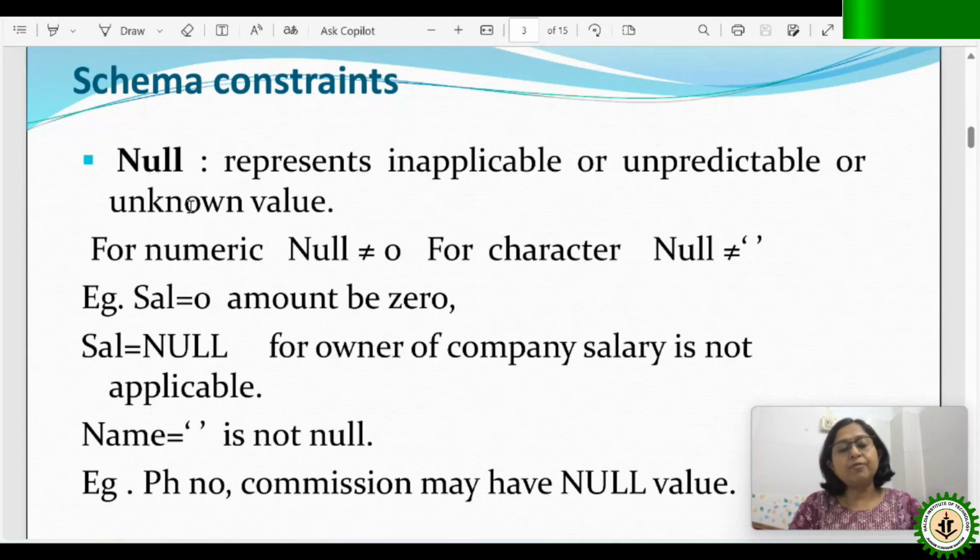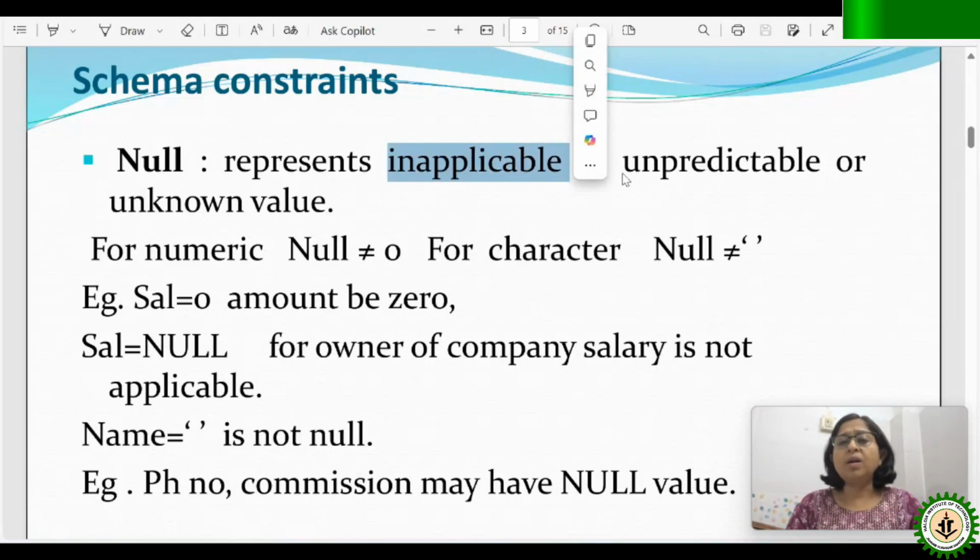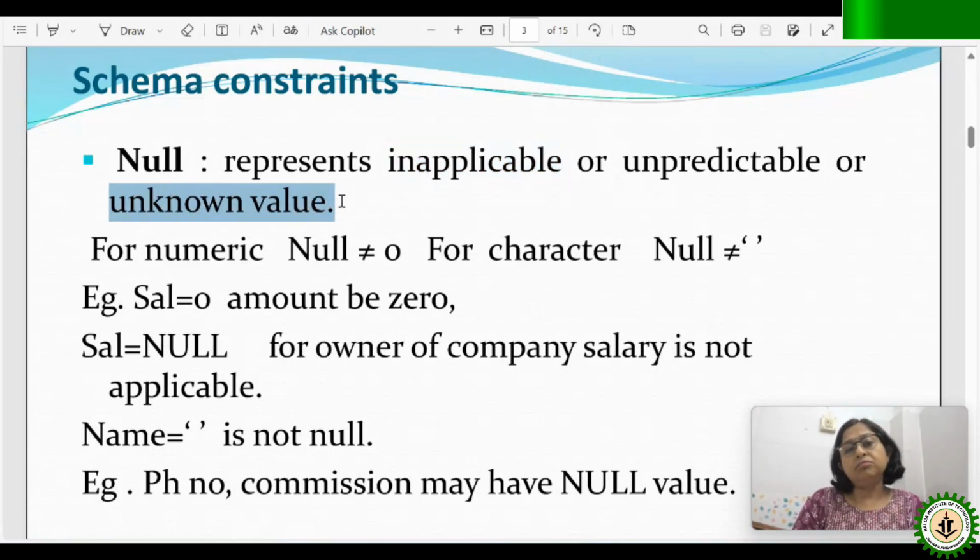So we have to look a bit deeper at what a null is and where we will apply the null value. Null always represents an inapplicable or unknown value case.